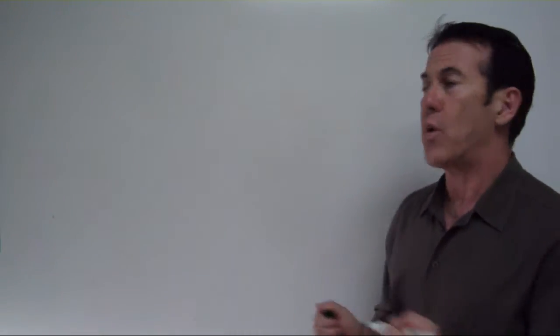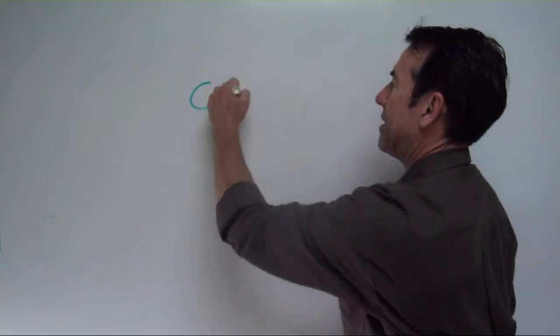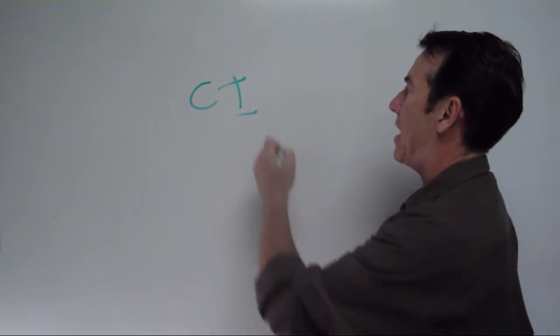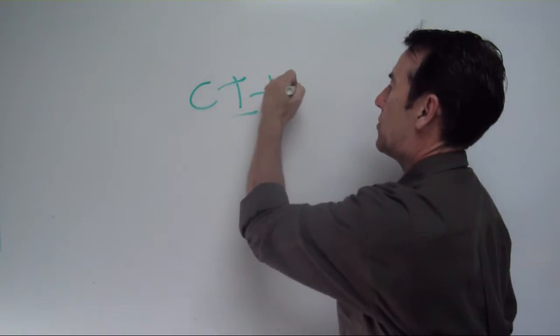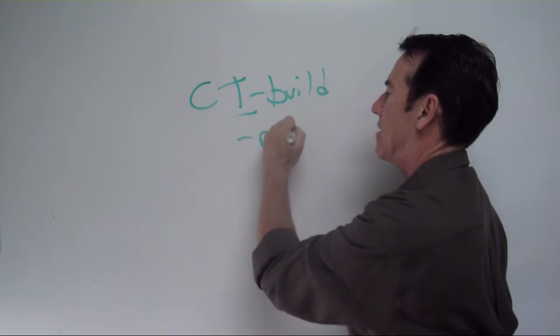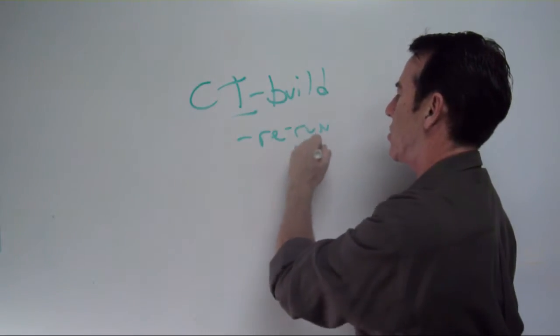So when we talk about CI, there are many levels of CI, and CI is always about the auto build. Then it can be about rerunning unit tests.